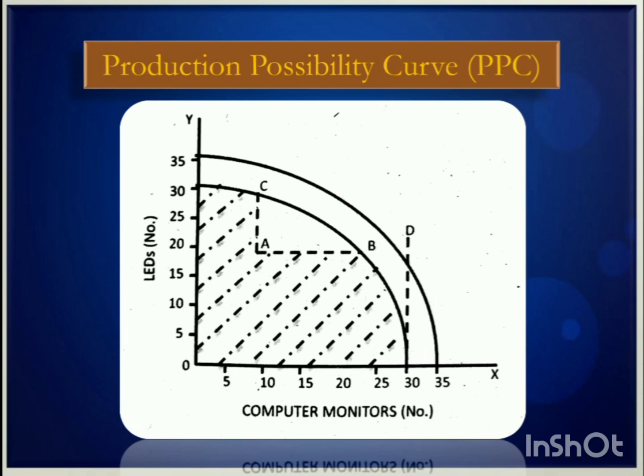Alternatively, with 20 L, the quantity of M can be increased to 25 tons. See point B. Any point beyond the PPC, which is in the non-shaded area of the diagram, shows a combination of L and M which the economy cannot produce.